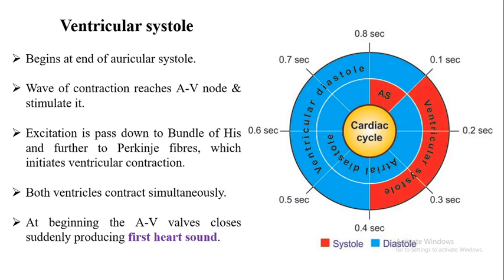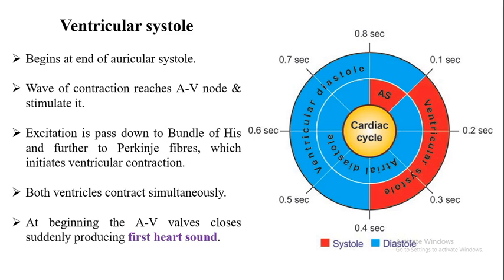At the beginning, the AV valve closes. So when this ventricular contraction starts, immediately after auricular systole, when the blood is poured into the ventricle, immediately the AV valves, that means tricuspid and bicuspid valves, get closed, and closing of this tricuspid and bicuspid valve creates a sudden sound called first heart sound.